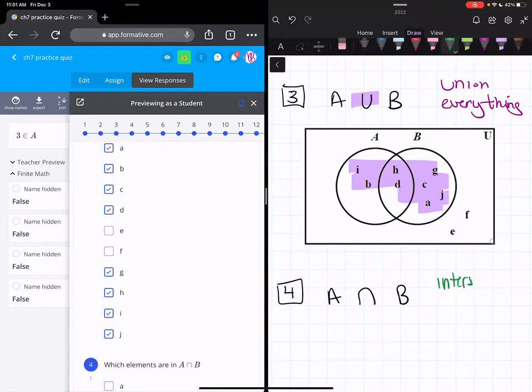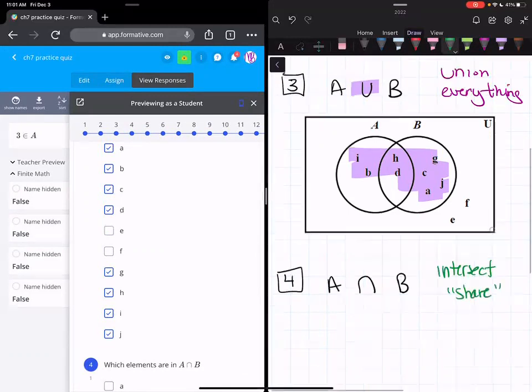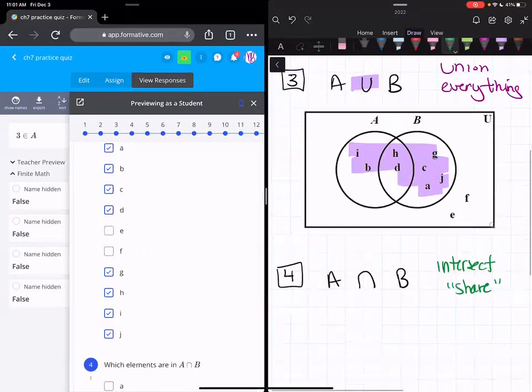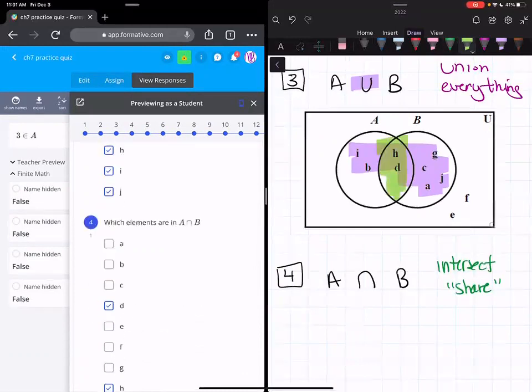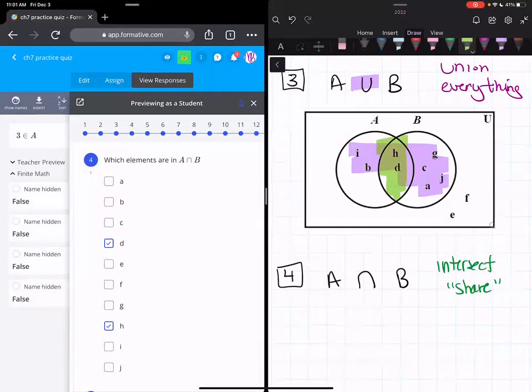This is the intersection. It's what they share. So what do you pick for 4? Just H and D. Questions up to number 4? Okay.